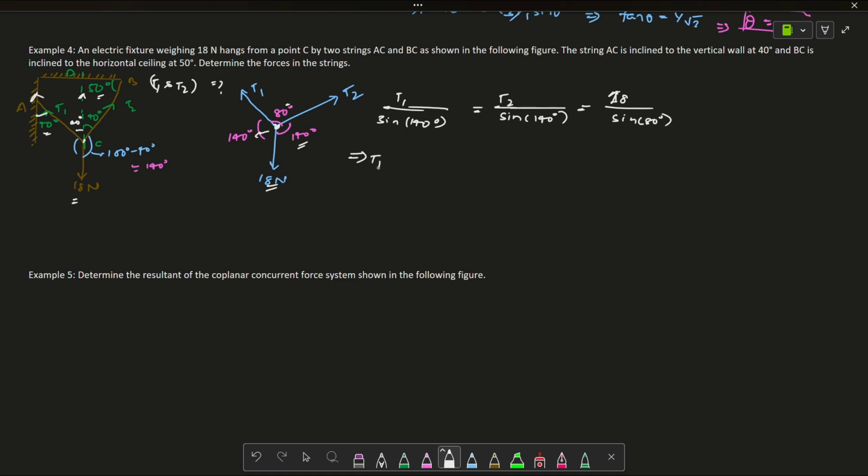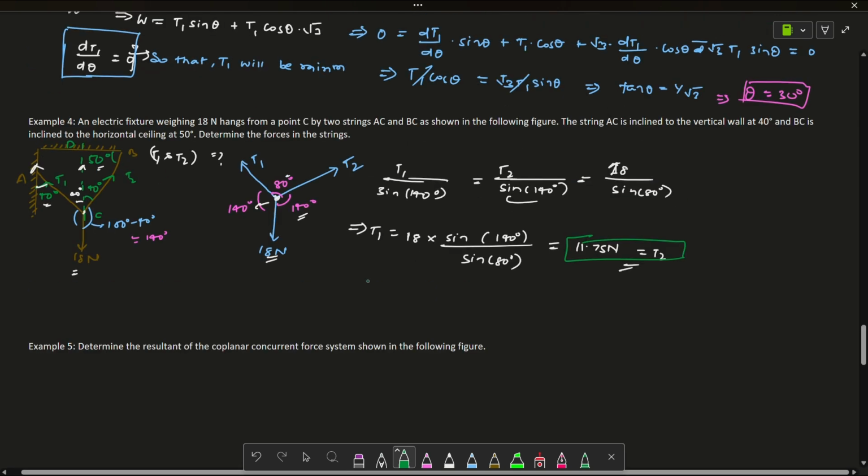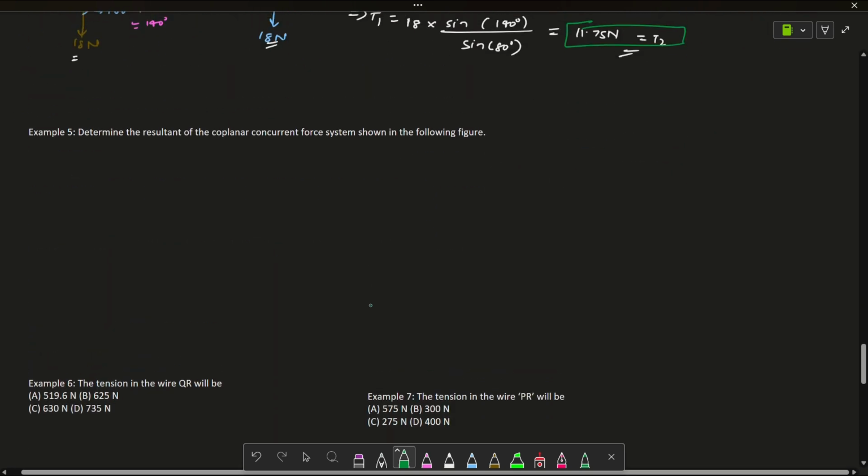So we will find T1 as 80 Newton times sine 140 degrees divided by sine 80 degrees, which will become 52.21 Newton. This will be equal to T2 as well, because sine 140 degrees gets multiplied in this case as well. So this one is your answer. I hope this question is also clear to you, and this one is also a pretty simple question.